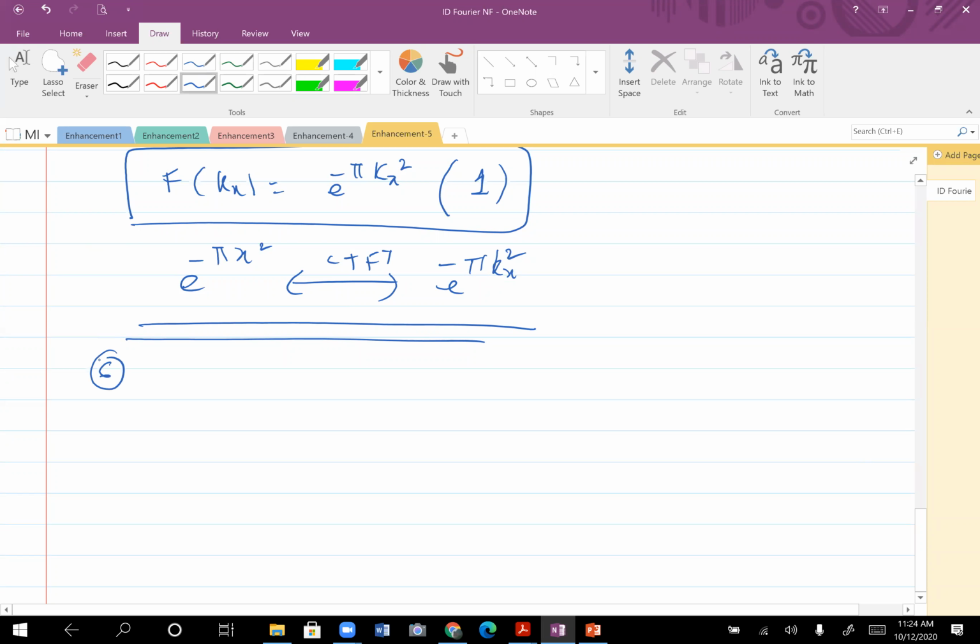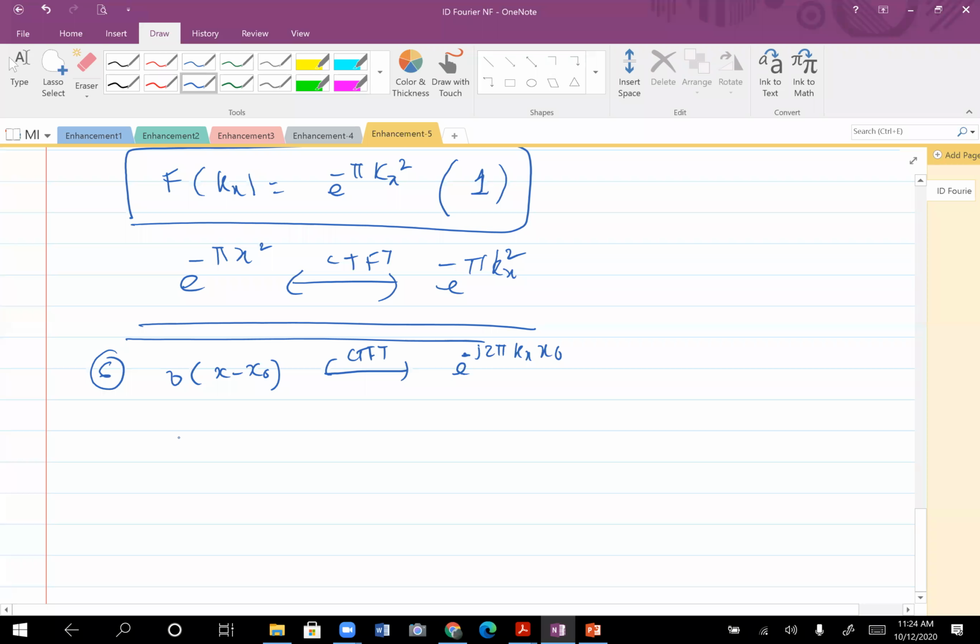Now, another one is, for example, delta of shifting of the impulse. So these are the properties we would be discussing. What would be the CTFT of this? If you are shifting it by x naught, e power minus j 2 pi kx x naught. Very good, kx x naught. Now suppose I am taking the other side.